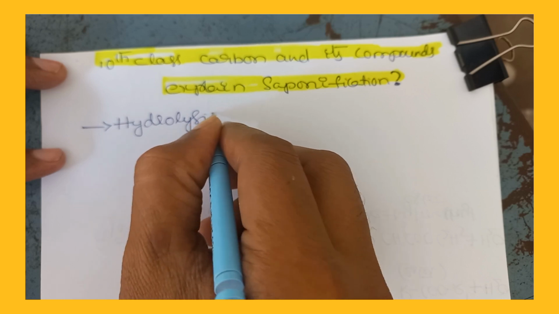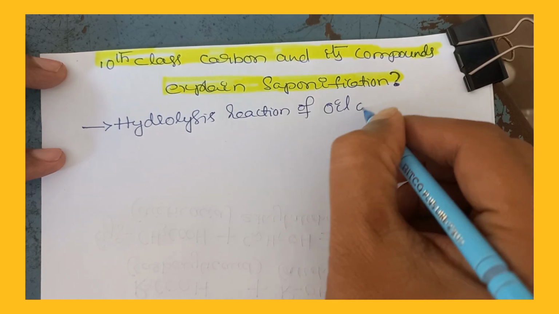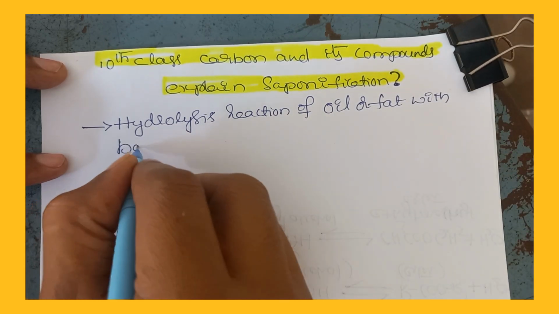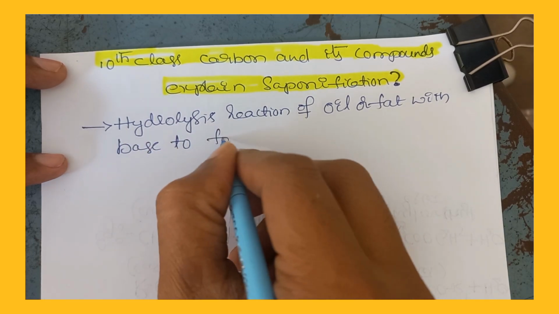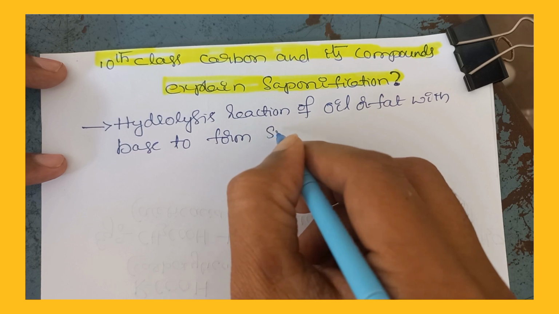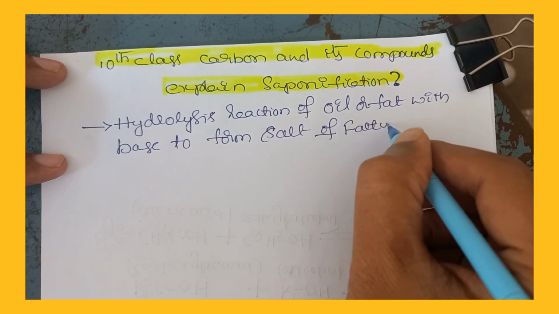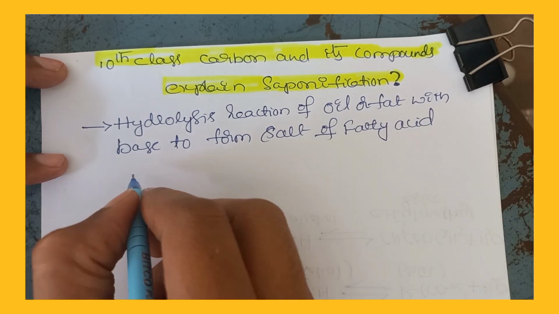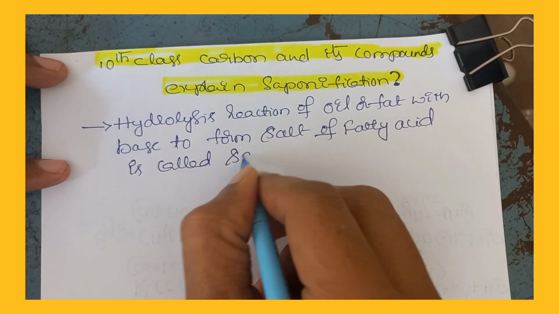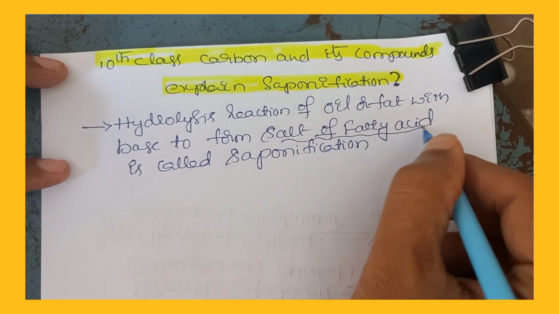Hydrolysis reaction of oil or fat with base to form salt of fatty acid is called saponification. So the salt of this fatty acid is called soap.